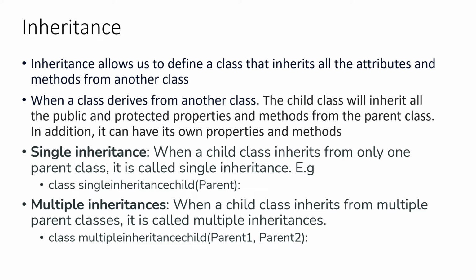Now why would you need to do that? Let's say I have an employee class. I have, let's say, 10 or 15 attributes defined for employee, and some methods also defined there. Now I want to create a manager class, because a manager is already an employee, so he needs to have all the attributes of employee. I can do two things: either rewrite all the attributes and methods again, or just inherit from the employee class.